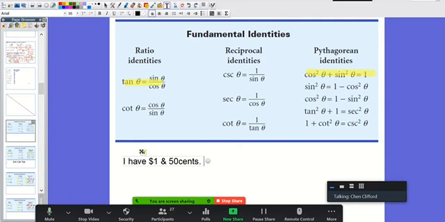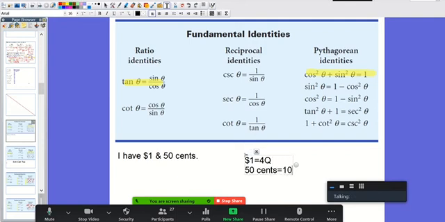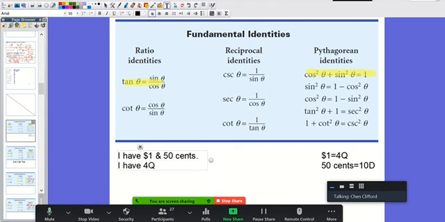You know that $1 equals 4 quarters, and you know that 50 cents can be subdivided into 10 dimes. Well, you can turn this sentence into: I have 4 quarters and 10 dimes.